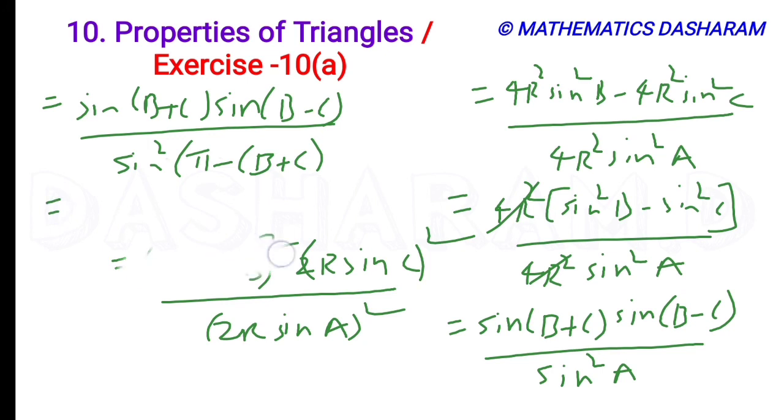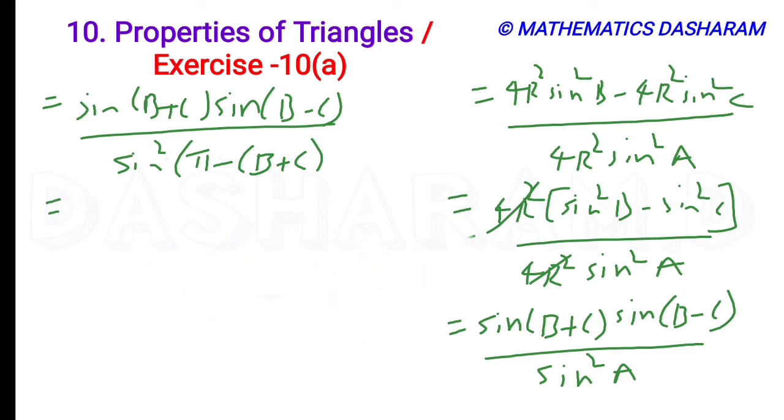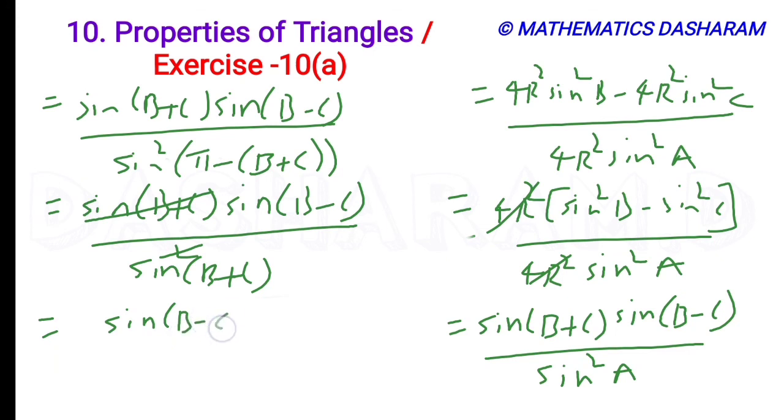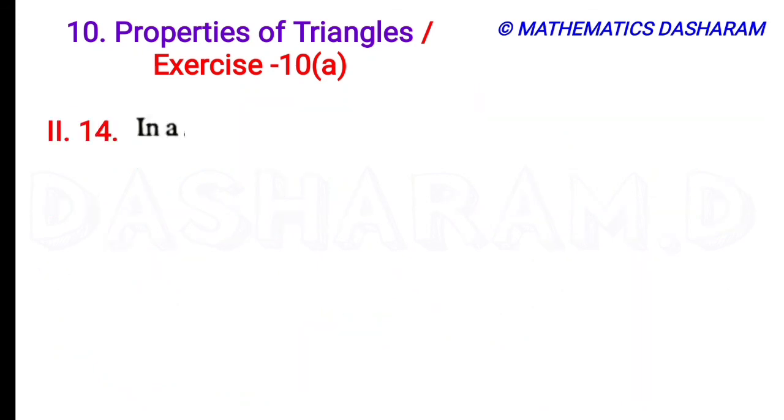So then it is equal to sin (b plus c) into sin (b minus c) divided by sin square of (180 minus theta), and sin (180 minus theta) is sin theta itself. So sin square (b plus c) means sin (b plus c) into sin (b plus c). So sin (b plus c) cancels. So sin (b minus c) divided by sin (b plus c). So it is equal to RHS. So hence proved.